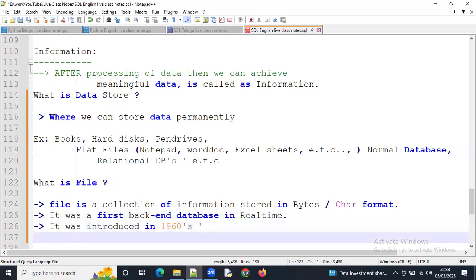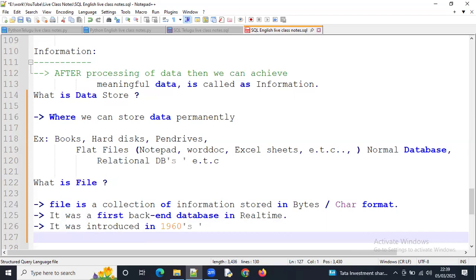Next, file operations are managed by... If you want to manage files, like inserting, updating, deleting, creating a file, updating a file, deleting a file, we must need one software. That kind of software is called a file system.